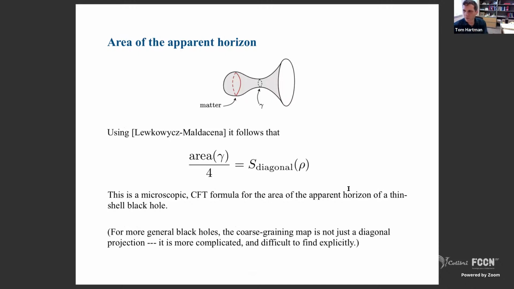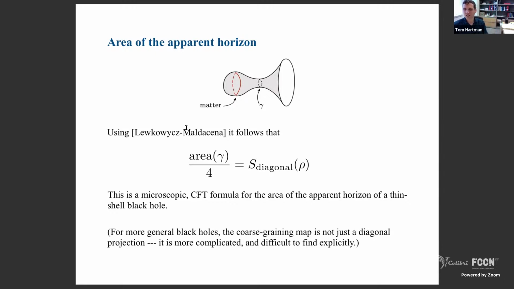There's the bulk interpretation of this entropy. Closing the circle here, the bulk interpretation is that it is the area of the apparent horizon. We're talking about these pure state black holes, and I started this discussion by saying that they have some kind of horizon that has some kind of coarse-grained entropy. What could it be?